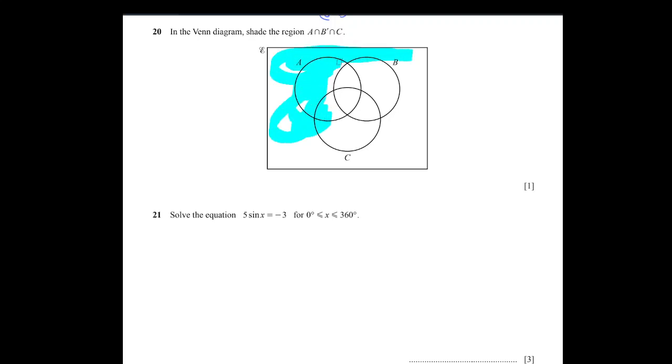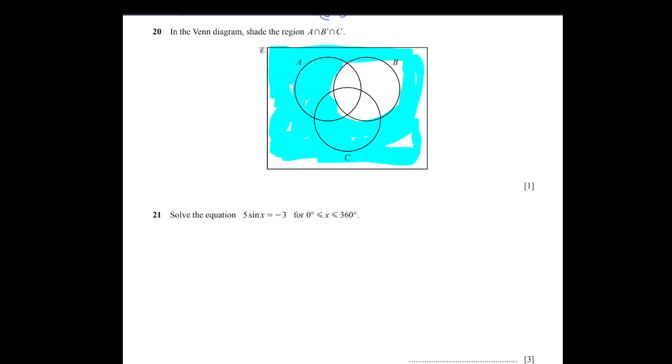Leaving B, you have to shade all the region like this. This is B complement. So now this is intersecting with A. Intersection means which is common to A and the B complement part. So that means only this part.